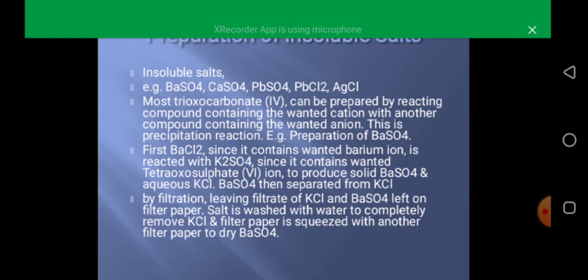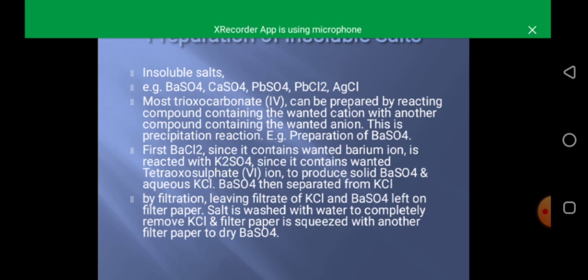For example, preparation of barium sulfate. First, barium chloride, since it contains the wanted barium metal, reacts with calcium sulfate. Since calcium sulfate contains the wanted anion, the tetraoxosulfate 6 ion, it produces solid barium sulfate and aqueous calcium chloride.